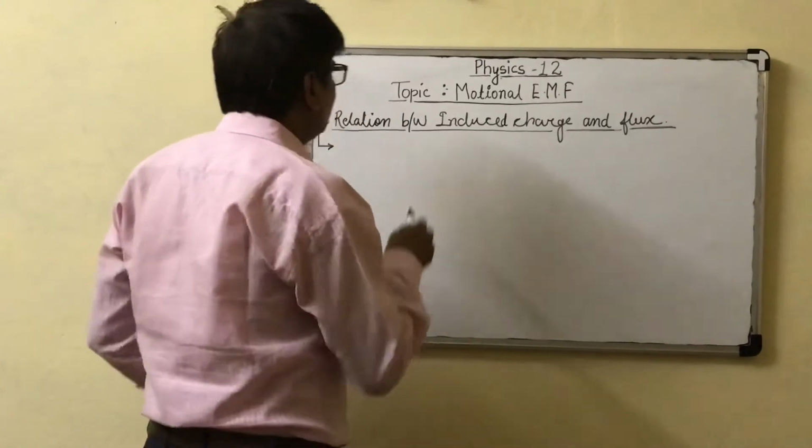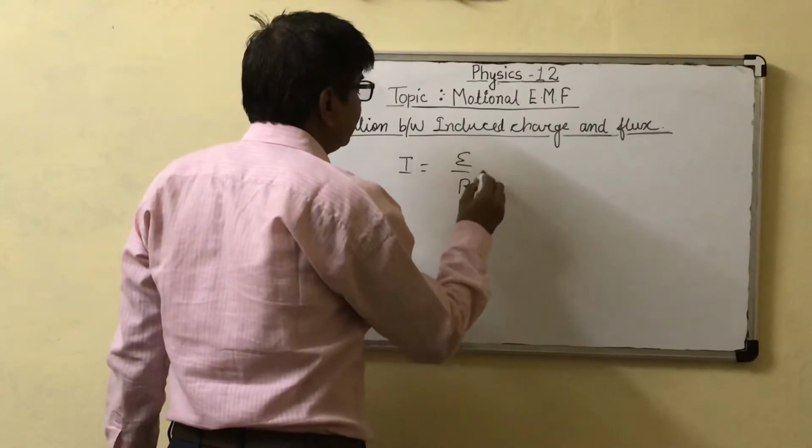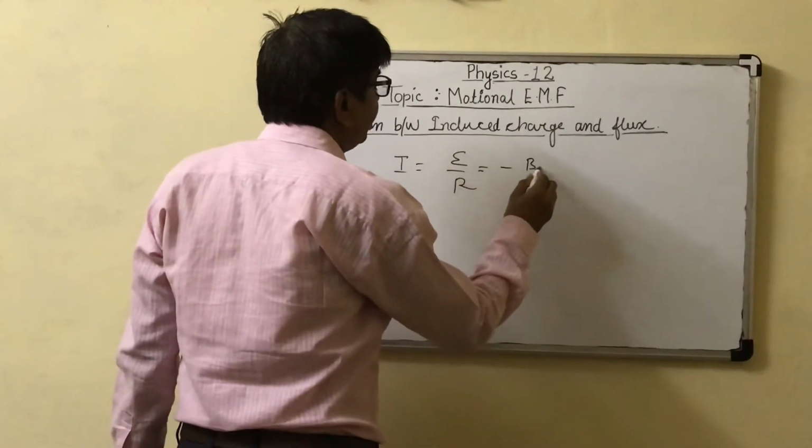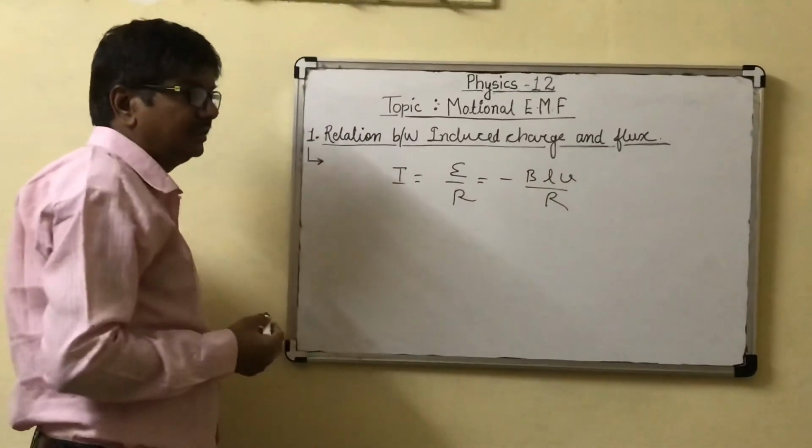Suppose we have to calculate the induced current: I is equal to E by R. E means B L v, upon R. This is the induced current.